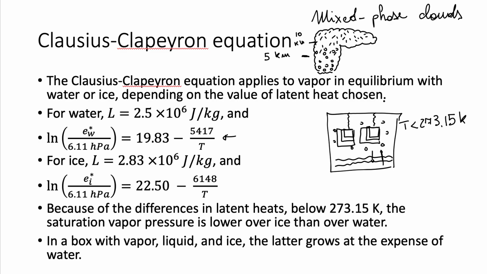Another example are so-called Arctic mixed phase clouds, which are kind of a real mystery because typically in the mid-latitudes, mixed phase stratiform clouds don't live much because there is a mechanism that we'll talk about called the Bergeron-Findeisen mechanism.